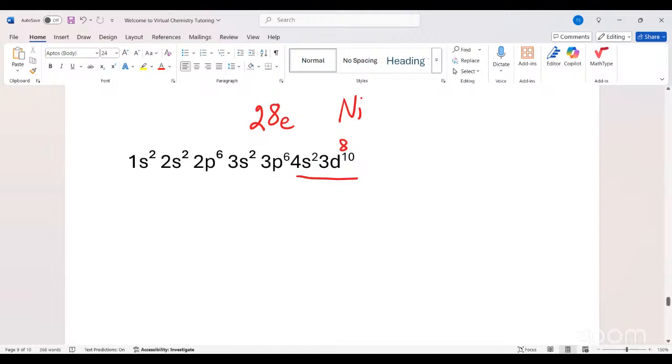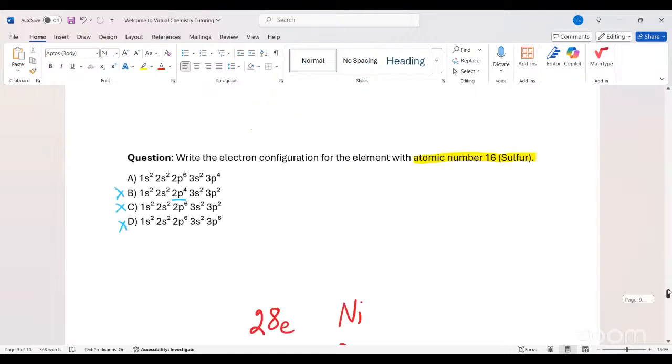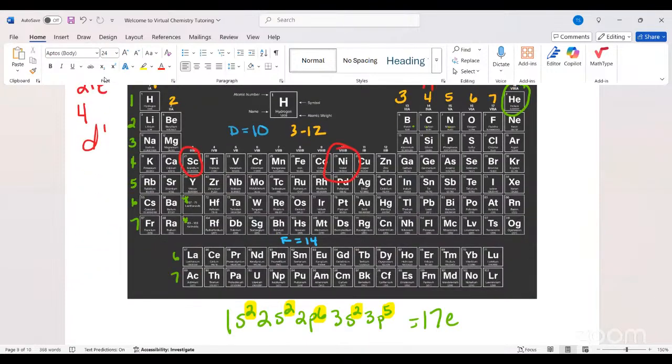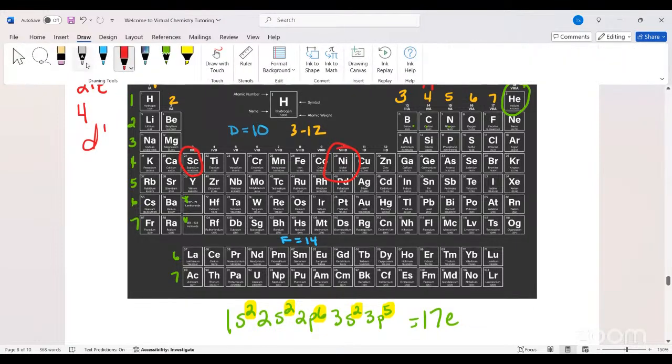Let me pull the periodic table down again so you can see that. Right here, and as a matter of fact, copper is right beside nickel. I'm going to circle copper. Copper has 29 electrons.